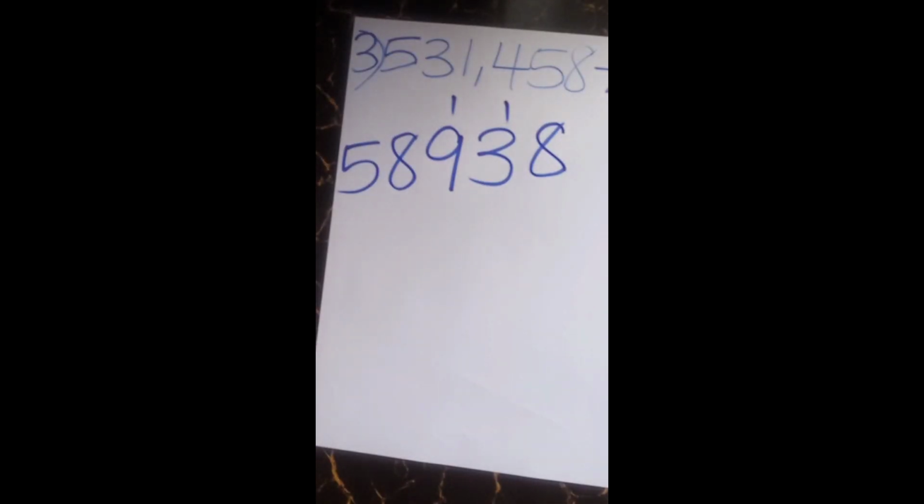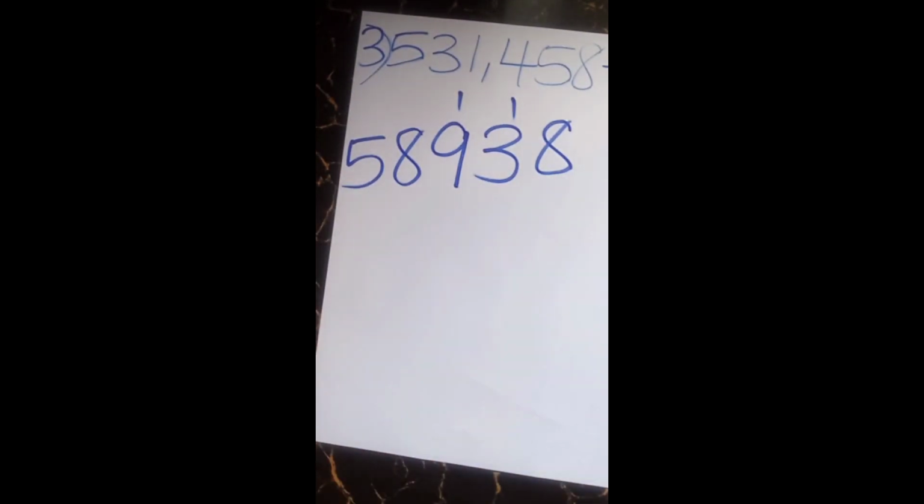And for the last digit, well, we've agreed that we are adding it over here. So 18 plus 8 is 26. So when you divide 26 by 9, you have to get a remainder, because 26 is not divisible by 9.